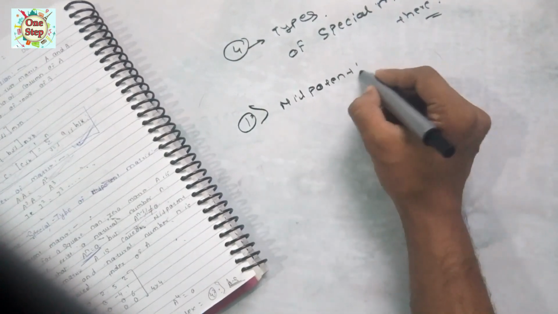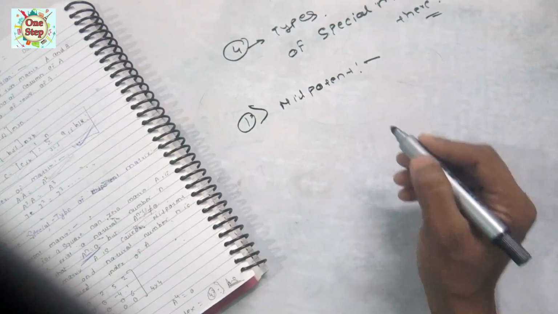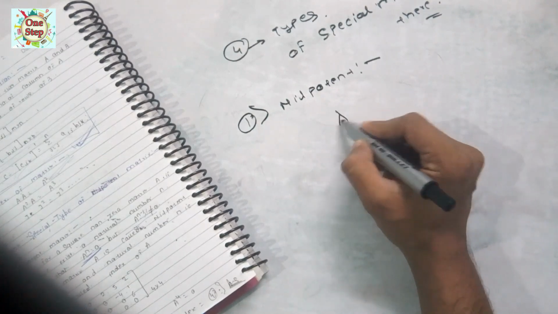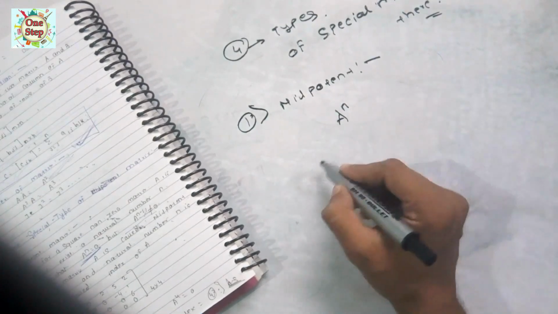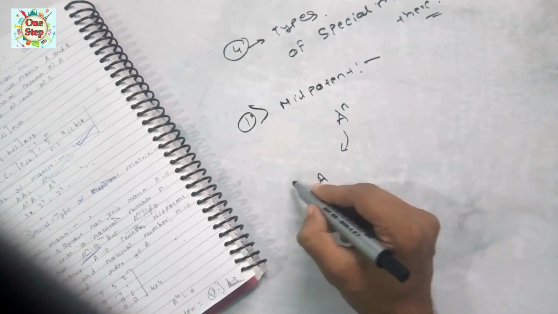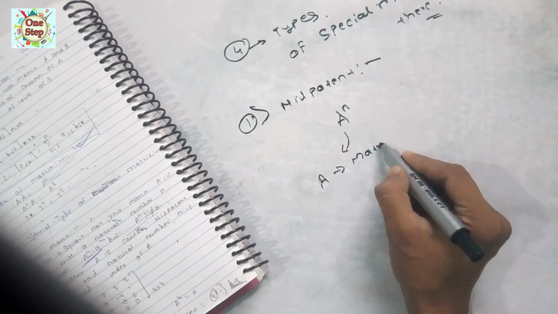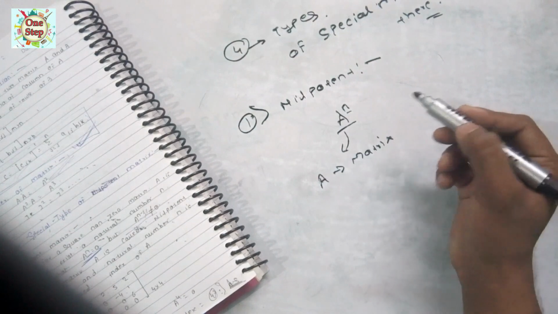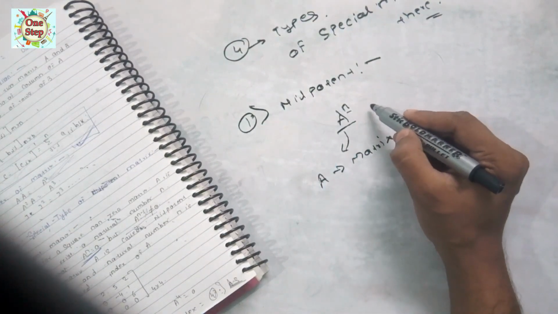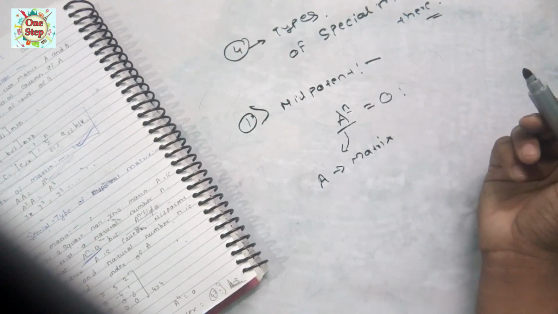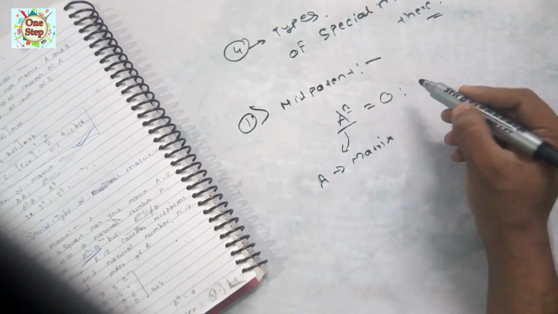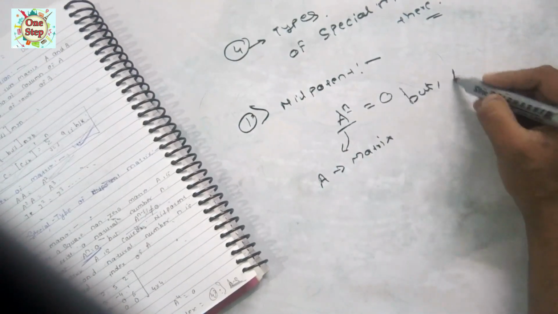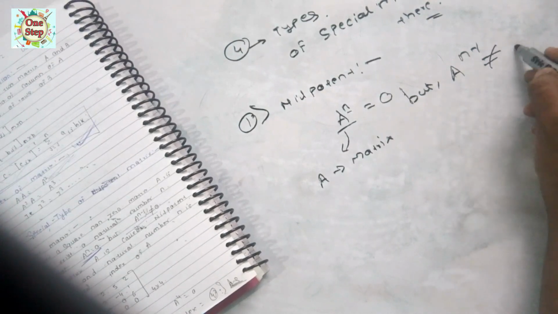If we talk about a nilpotent matrix, then it is also a matrix, but when a matrix becomes nilpotent, the basic thing is this. If we find the value of A raised to the power n, where A is any matrix, and if it is equal to, let's suppose, 0, A raised to the power n is equal to 0, but A raised to the power n minus 1 is not equal to 0.